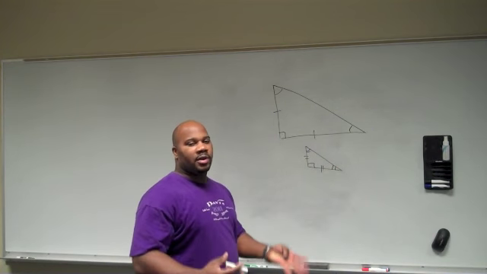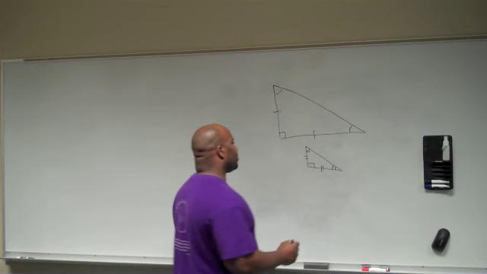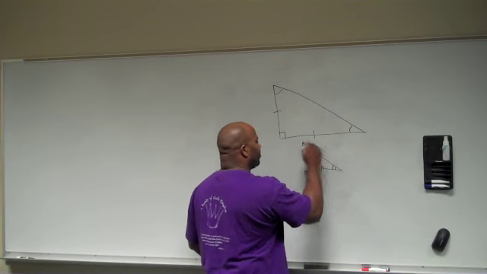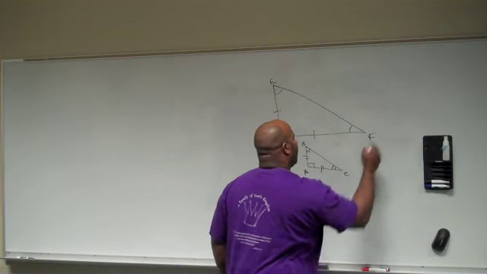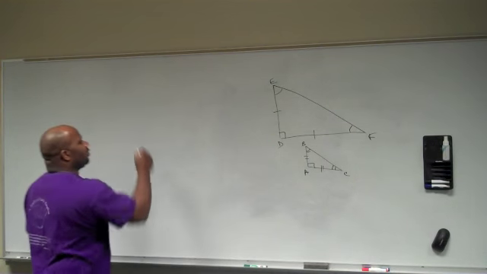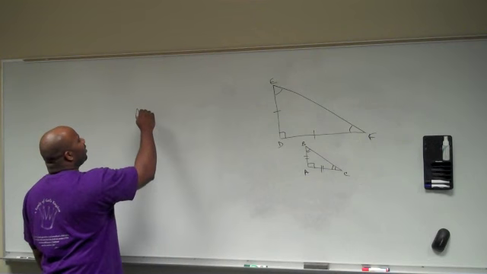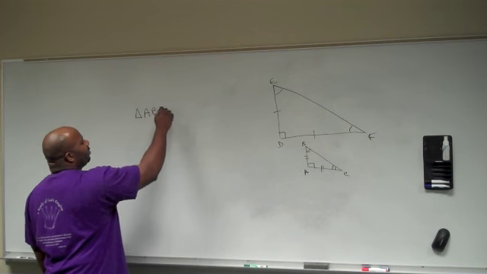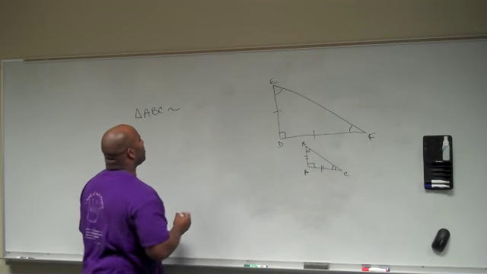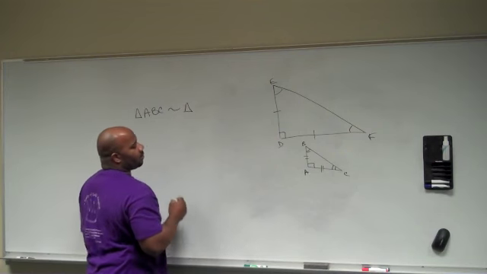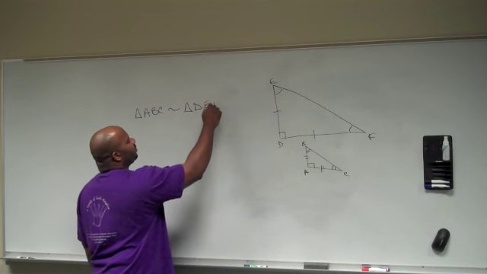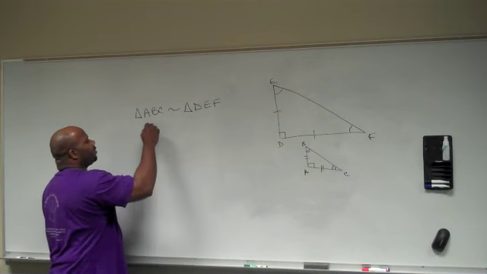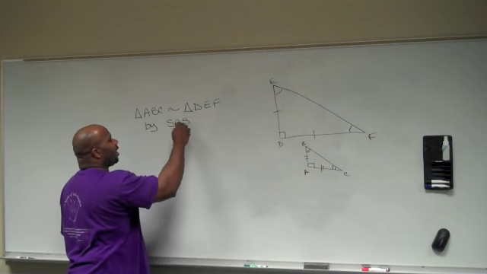But this is a special case of similar triangles, ABC, DEF, that we can say triangle ABC is similar to triangle DEF by our side theorem.